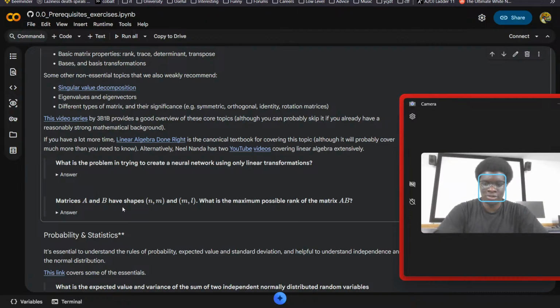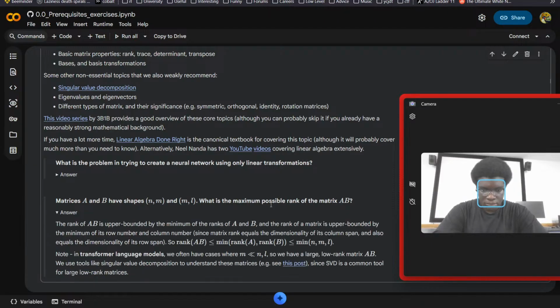This makes sense intuitively. There's probably a proof for it, which I can't remember off the top of my head. But it's the minimum of N, M, and L.